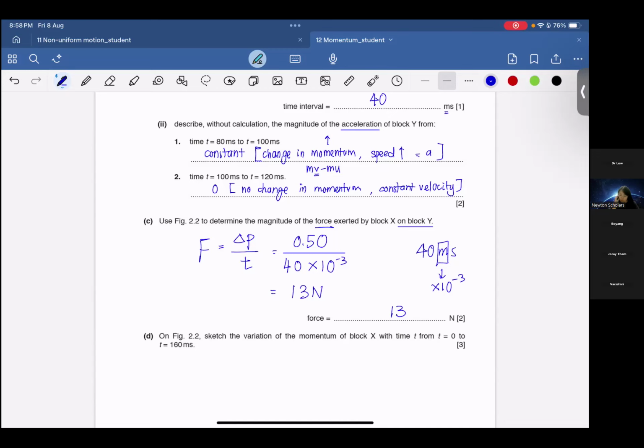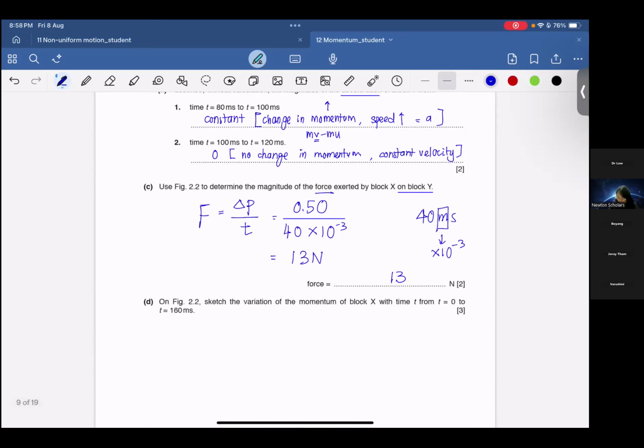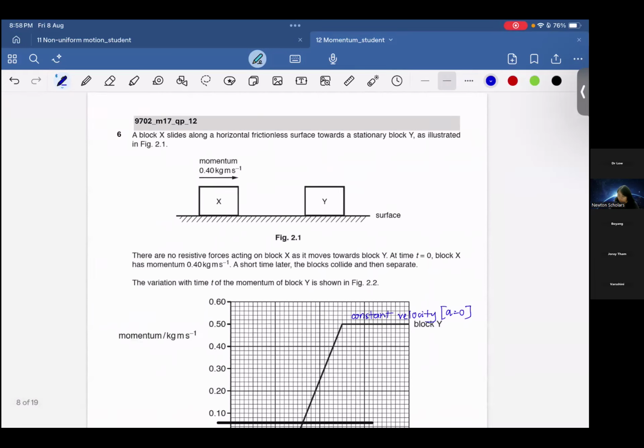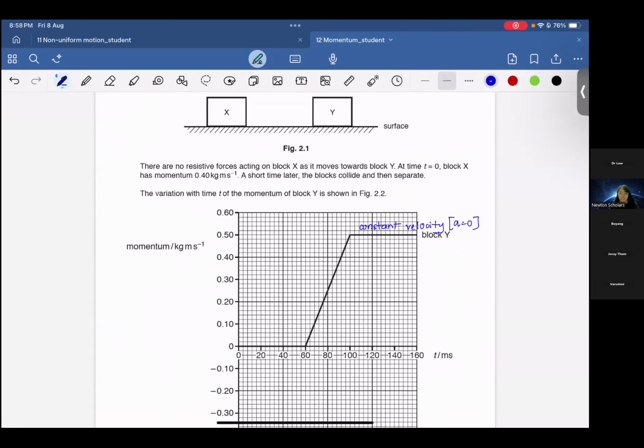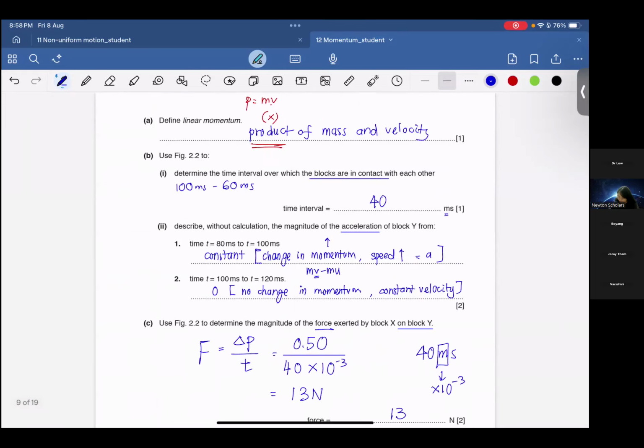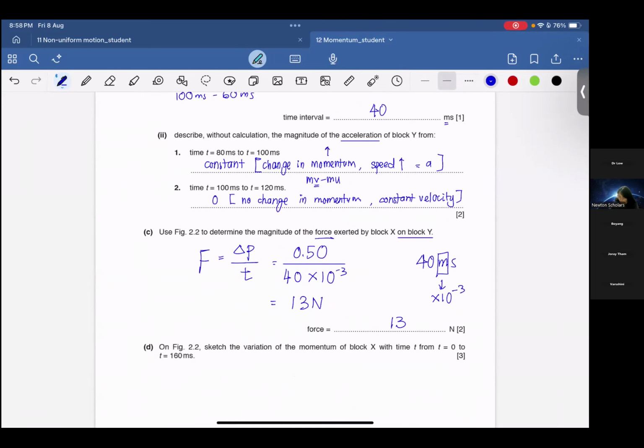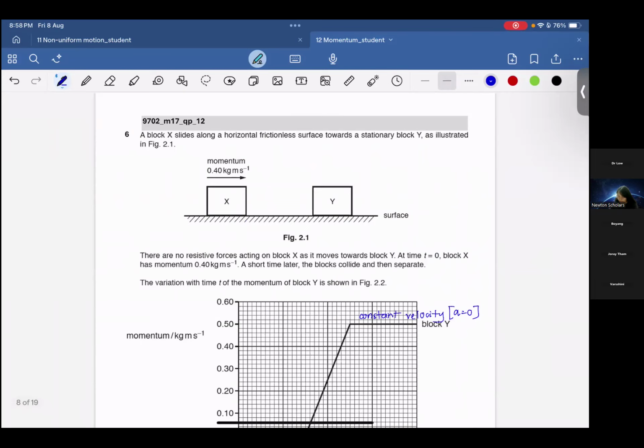So here on figure 2.2, sketch the variation of the momentum of block X. This is what I mentioned just now: they only provide block Y, then they ask you to draw the momentum-time graph for block X. Is it from 0 to 160 millisecond?